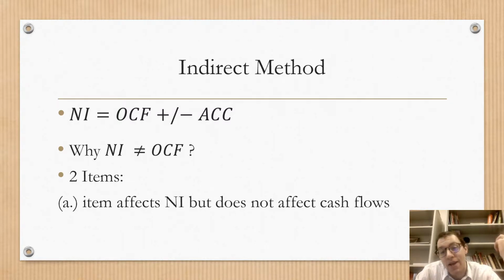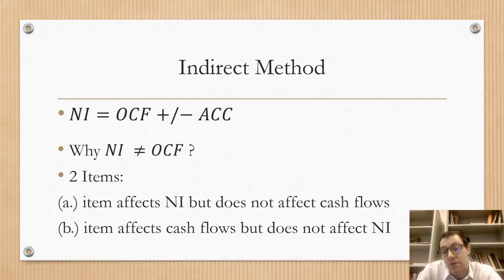One is the item that affects net income but doesn't affect cash flows at all. So you provide a service to a customer and they pay on account. In other words, they're going to pay you next year. Your revenue will go up. That affects your net income, but your cash flows will not.